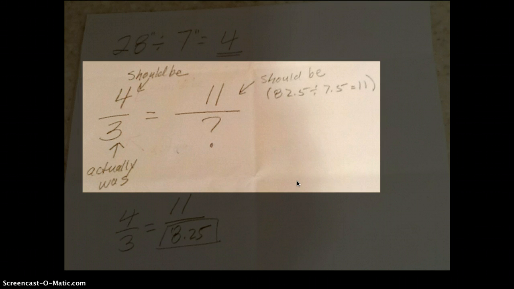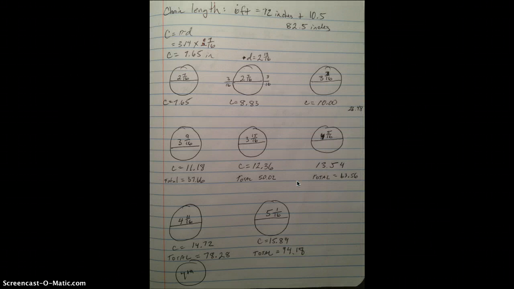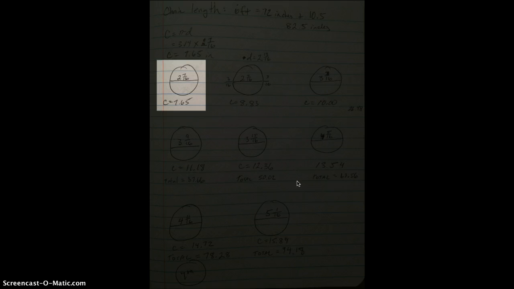So now that you've seen some of the online friends here, I'll share with you my solution strategy that I came up with as I sat down on the playground. I started with one circle, the pole, found the circumference of it, and said, hey, the chain will wrap around it 7.65 inches worth.